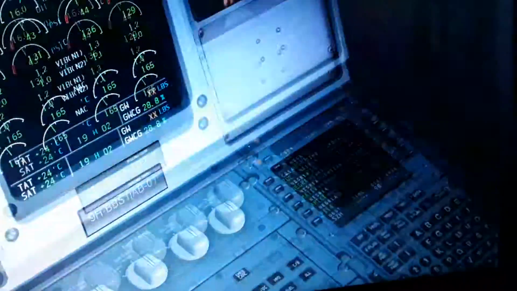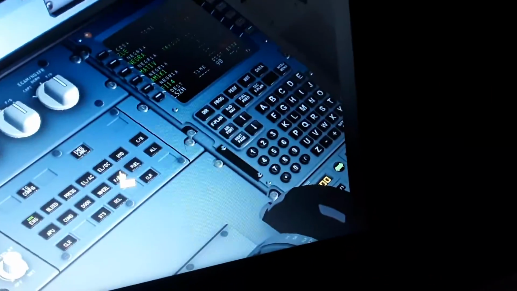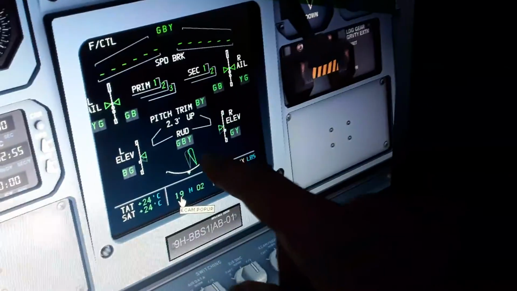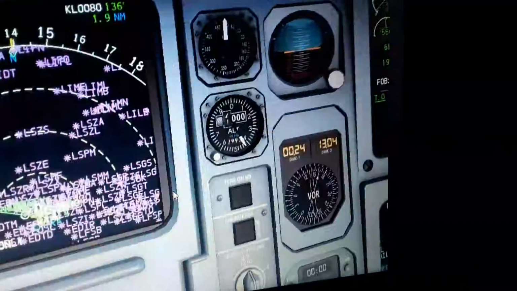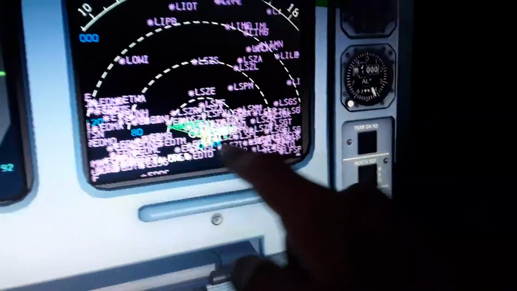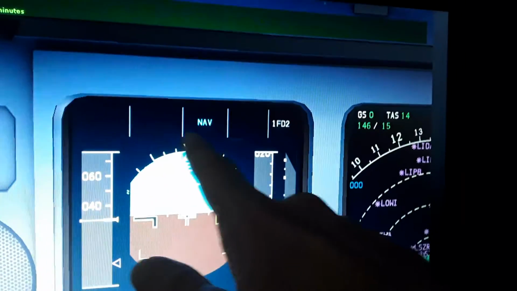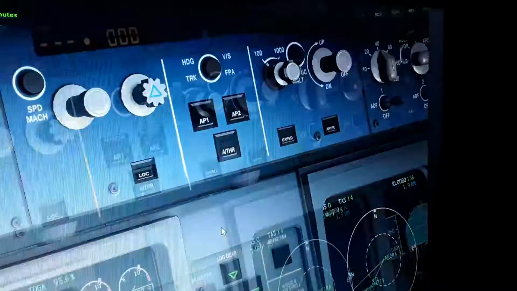So I'm gonna use flaps 2. The THS is right. You can see it here with the flight controls. We have 2 degrees up. Here's the flight plan created. Here you can see the modes, which are on the vertical navigation and the horizontal navigation. The nav.